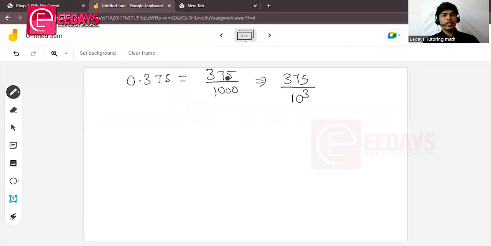If you cancel further, how many steps does it take? 5 sevens are 35, and 5 fives are 25, so we get 75 by 200, then 35 and 5. Now if you still want to cancel further, I'm canceling to the least number, the minimum value.